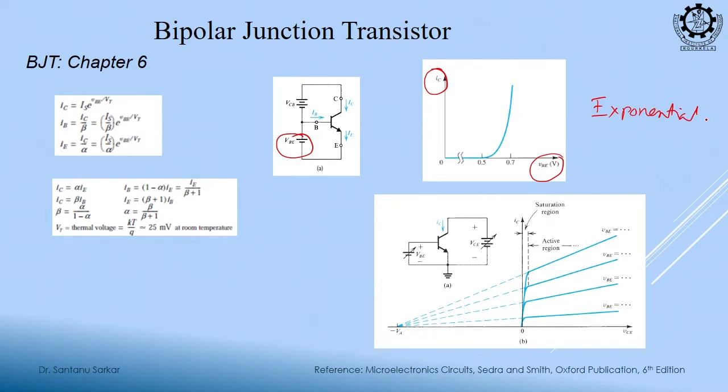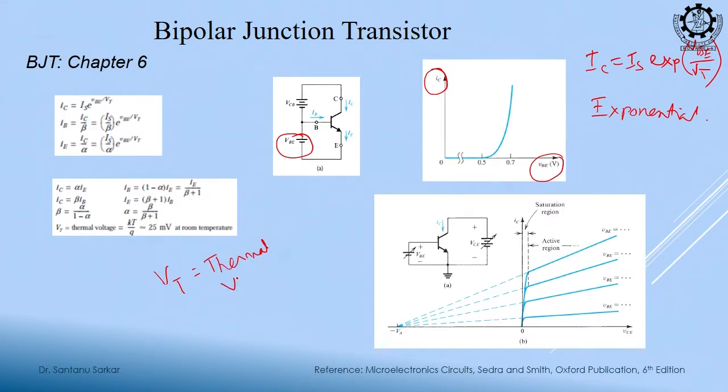So, this is your expression: IC is equal to IS exponential VBE by VT, right. What is VT? VT is known as the thermal voltage.